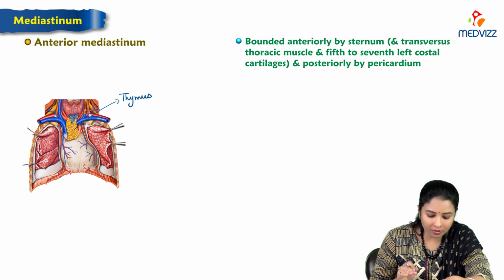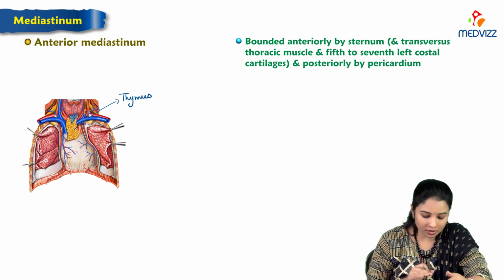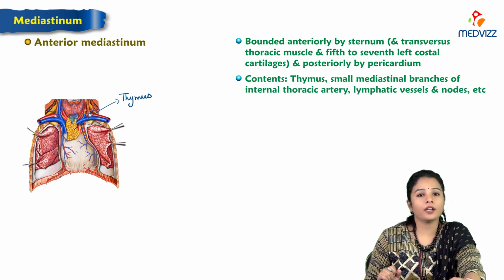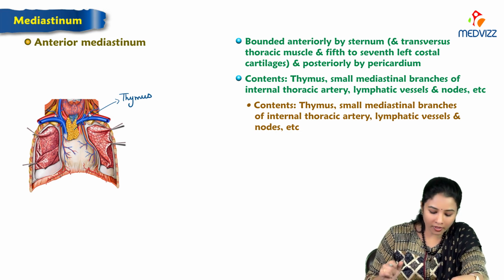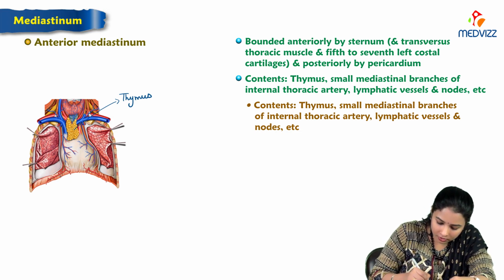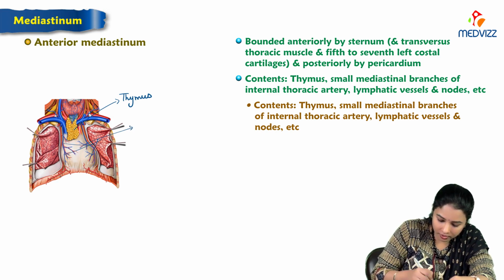We can see the thymus present anterior to the great vessels and the pericardium, and it also contains the small mediastinal branches of the internal thoracic artery. So these are the mediastinal branches. The red ones are the arteries.